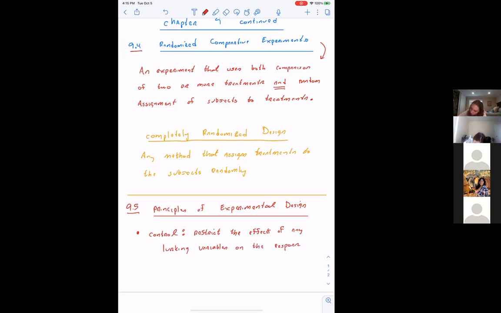If I want to determine whether a drug works, for example, then any other factors which might influence the success rate, the healing of the patients, that may not be attributed to the drug itself, would be a lurking variable. Maybe the patient is exercising more.